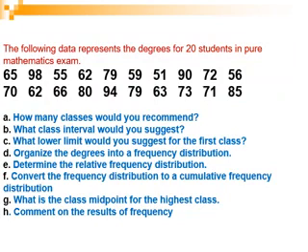Let's take an example. The following data represent the degrees of 20 students in a pure mathematics exam. This example may be presented in real life. We have 20 students as a sample from students in a mathematics exam, and we want to do some calculations and get information from these data.